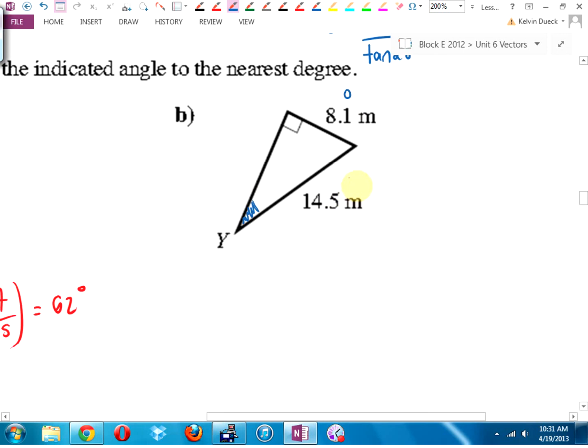The 14.5. Which trig function has an O and an H in it? Sine. What always goes next to the trig function? The angle. That equals opposite over hypotenuse.